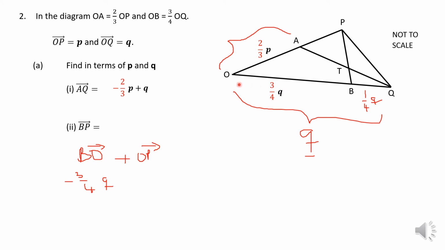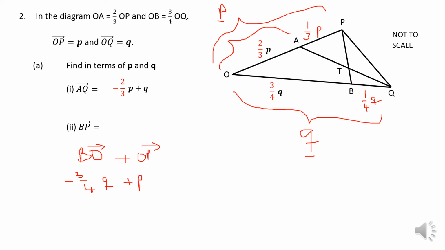Then we're going to add that whole OP, which has to be represented by nothing but P, so this is 1/3 of P, that is from A to P. So the whole thing here is just going to be P, and that is what you are going to add, and this is what I expect to get as an answer.